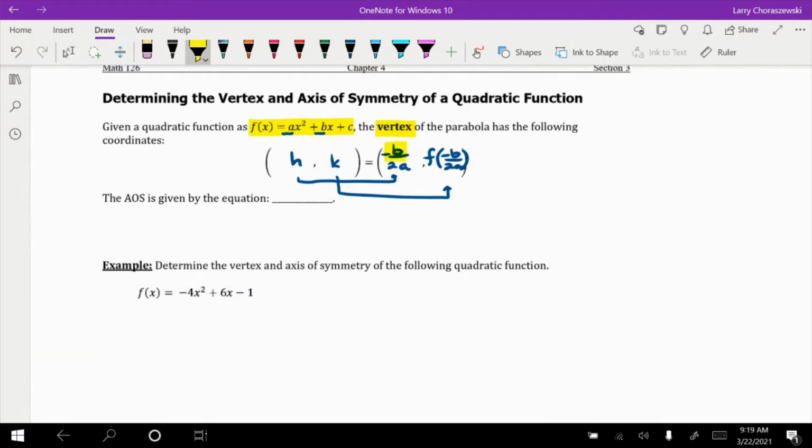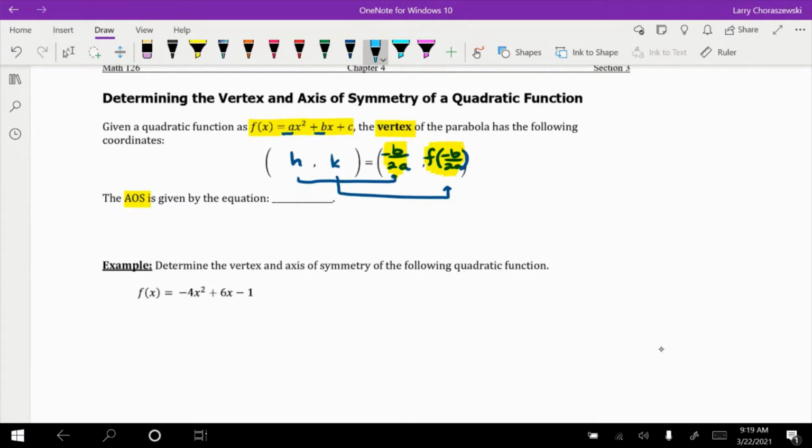Okay, so these two are definitely worth a flashcard. And we'll be using them quite a bit throughout the rest of today. Now, the axis of symmetry is that vertical line that passes through the vertex.